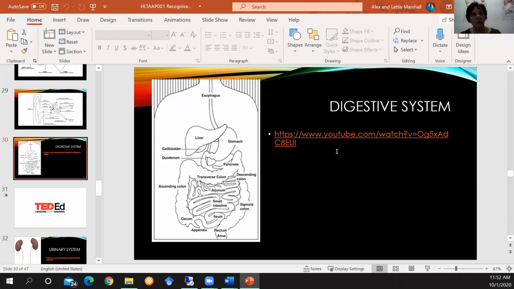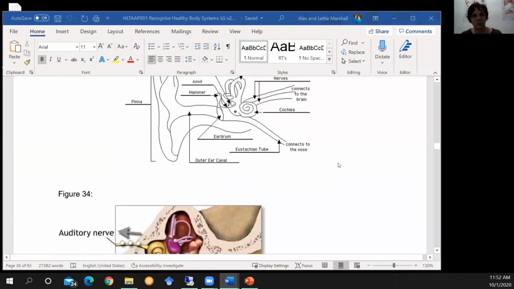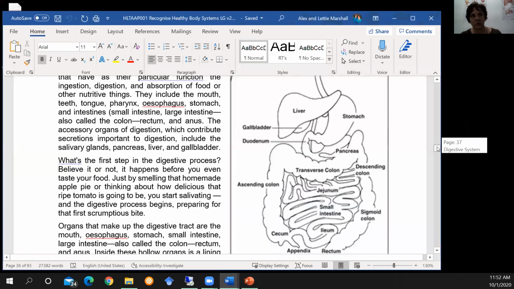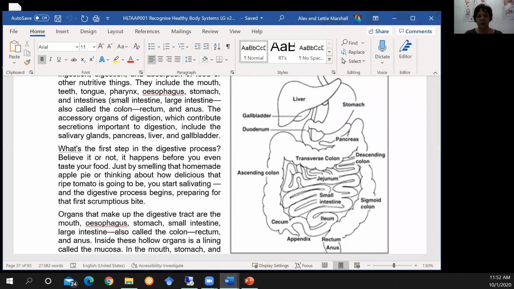I did take it from the book. Page 37. Oh, there we go. And the ear was page 36, yeah. Page 37. It's when it goes backwards and forwards in the book, it's hard to keep track like that.